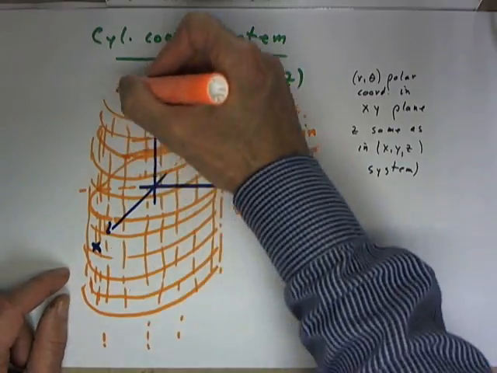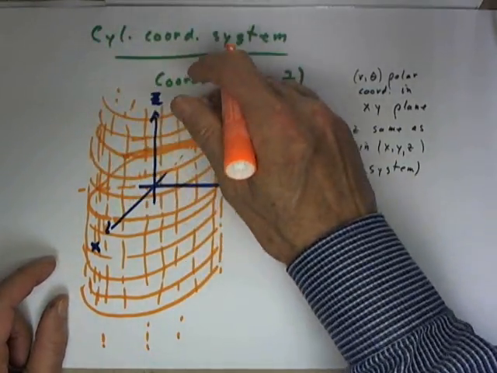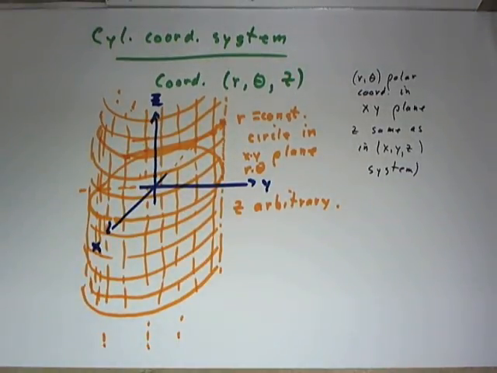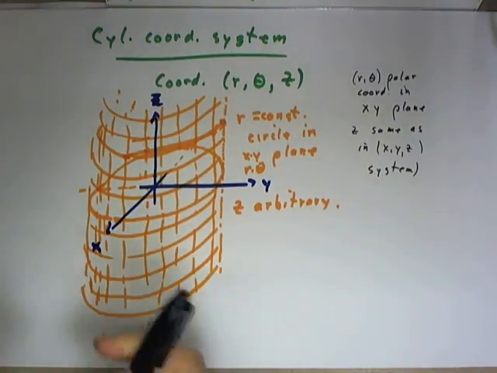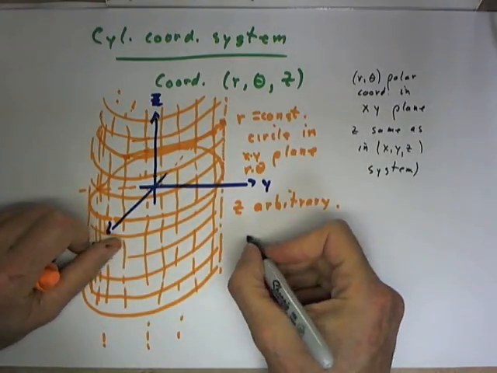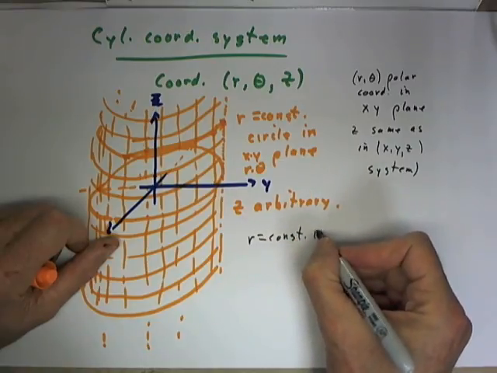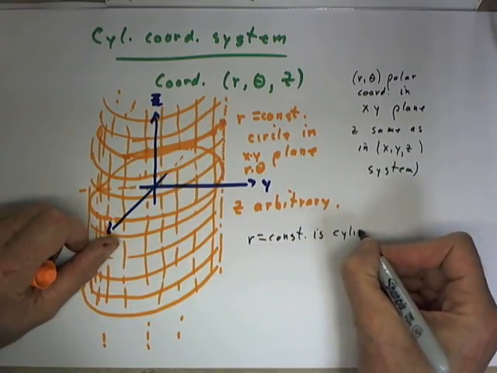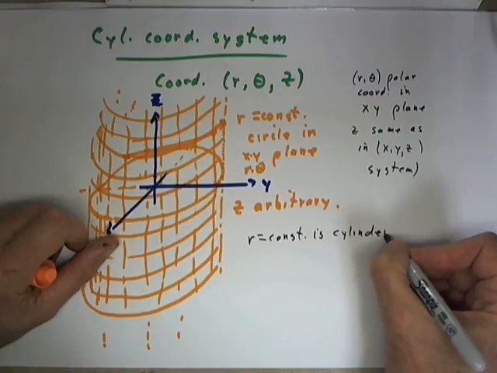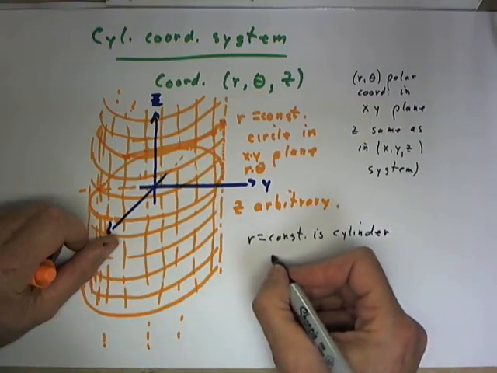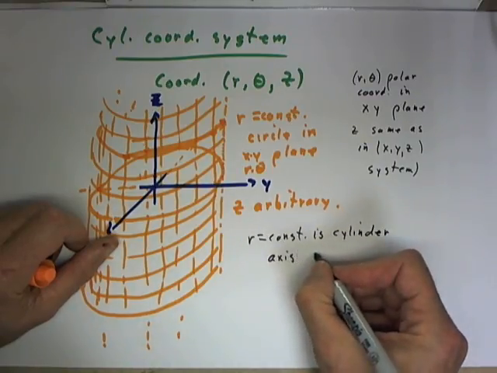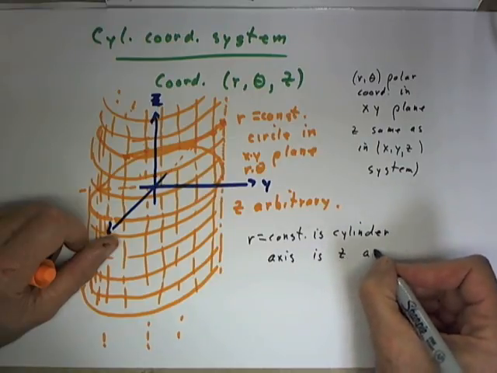It moves on down, it moves on up. It has a back here. I'm not going to try to shade that in or anything. But we conclude that r equals constant is a cylinder. Its axis is the z-axis.